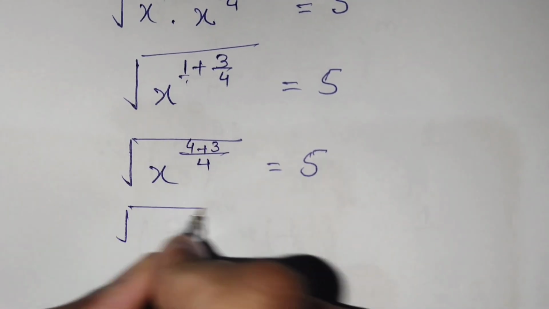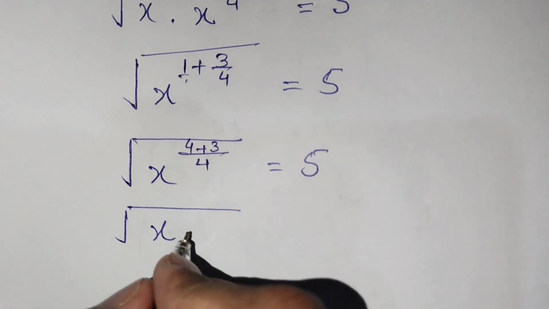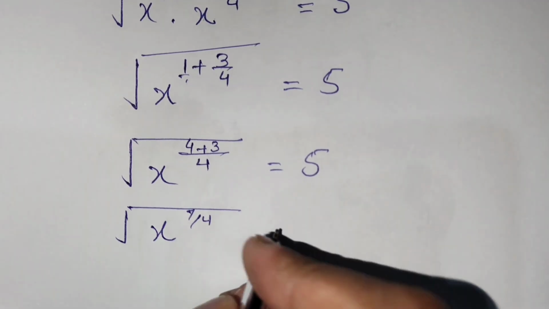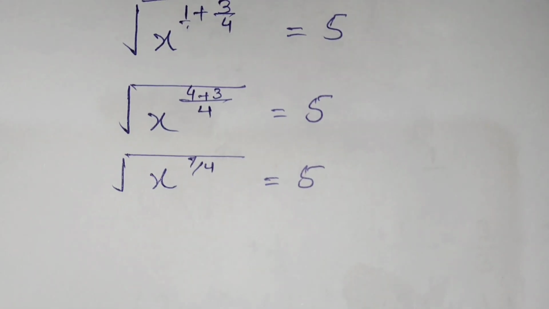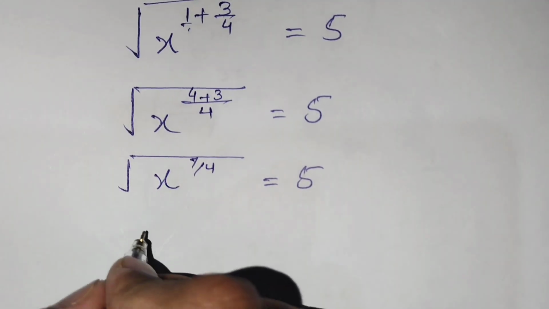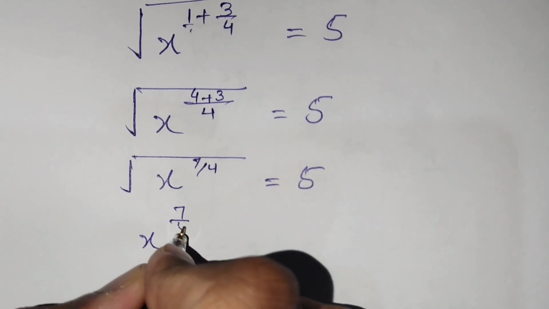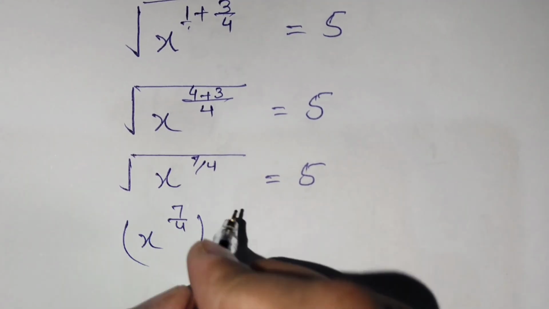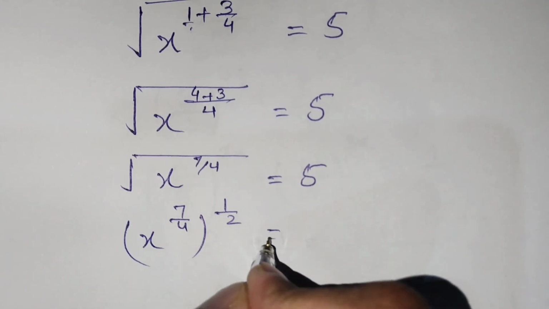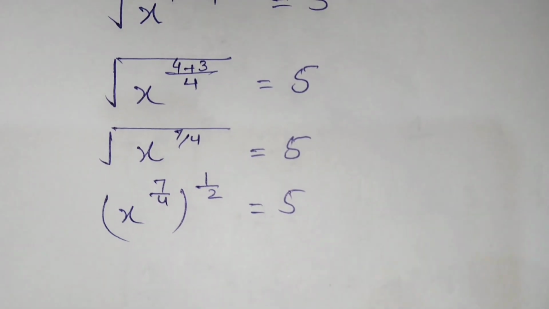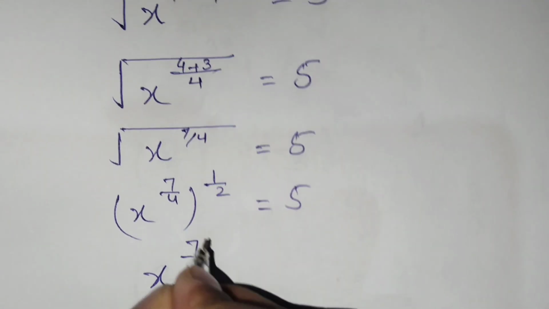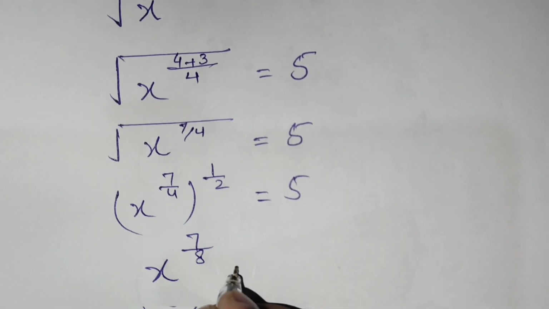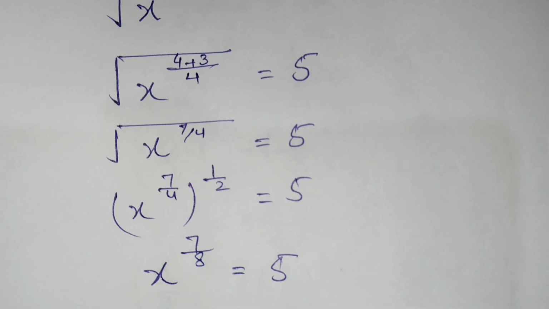This is square root of x power 7 by 4 equals 5. It will be x power 7 by 4 whole power 1 by 2 equal to 5. So x power 7 by 4 into 2 is 8 is equal to 5.